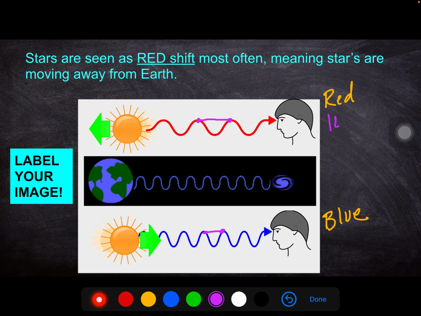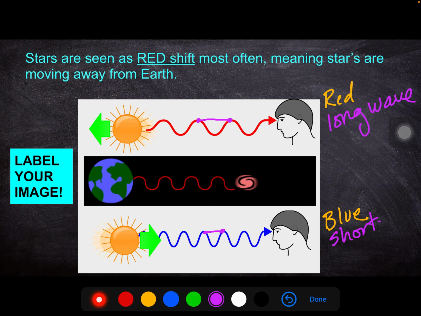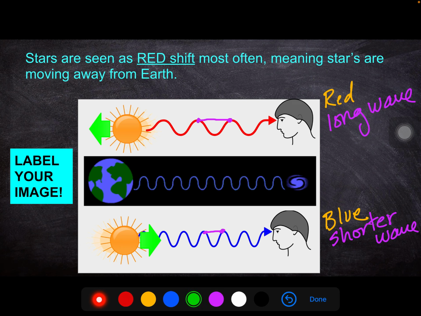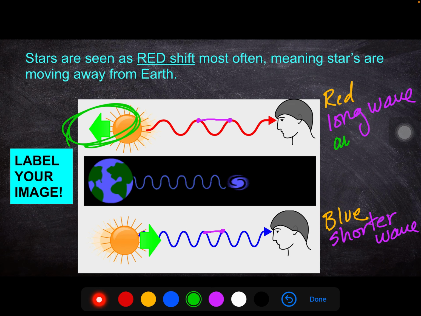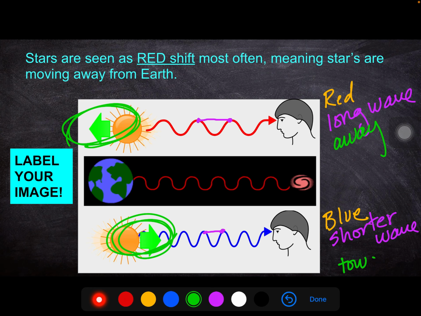The red wavelength is showing longer, while the blue wavelength is showing shorter. And so again, what does that mean for the star's motion relative to you? Here we see the red, the star is moving away from Earth, and the blue is moving towards.